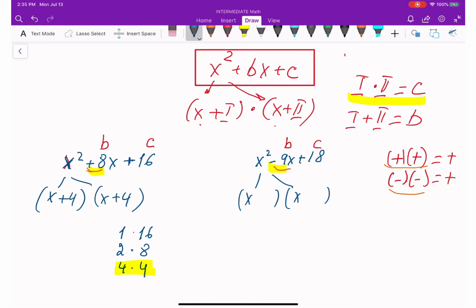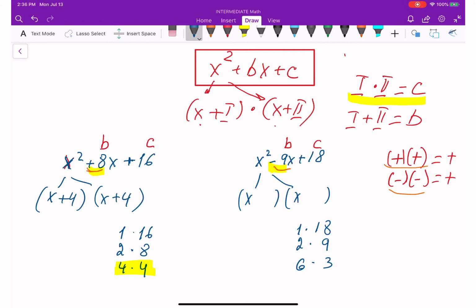Let's move to the second one, 18. Let's see which two numbers multiply to give 18. It's going to be 1 times 18, 2 times 9, 6 times 3. And that's it, I believe. Which pair of these numbers added will give you negative 9?